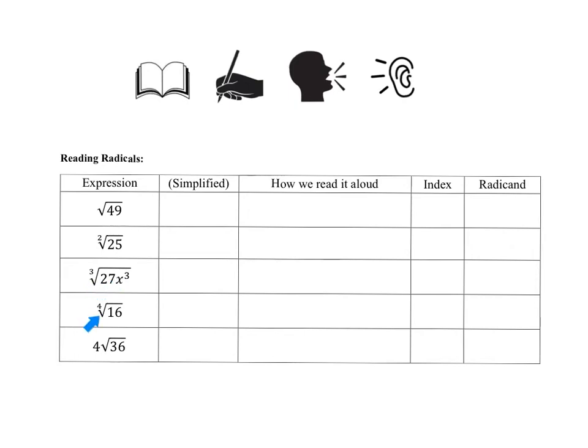Then we have the fourth root of 16, which we saw on the previous slide, and since 2 to the fourth is 16, the fourth root of 16 is 2. And finally, we have 4 times the square root of 36. We often read this as 4 root 6. You can read it with a shortcut as long as it's a square root. This simplifies to 24 because we have 4 times 6, which is 24.